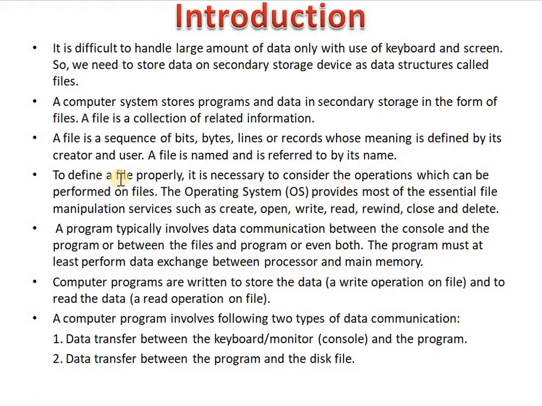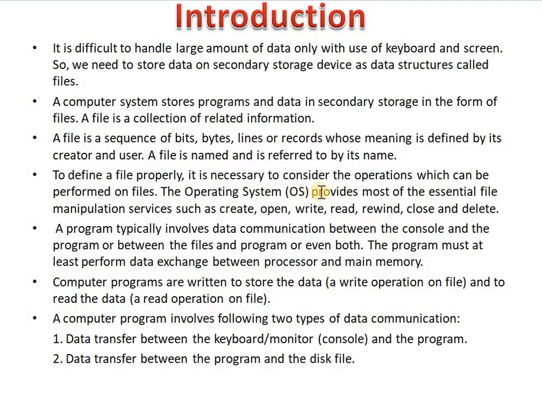To define a file property, it is necessary to consider the operations which can be performed on a file. Each file has its properties, and those properties are assigned to that particular file by referencing the different operations which can be performed on it.